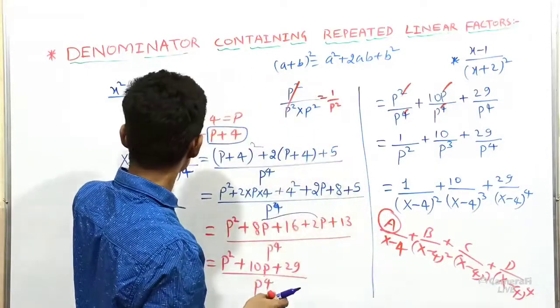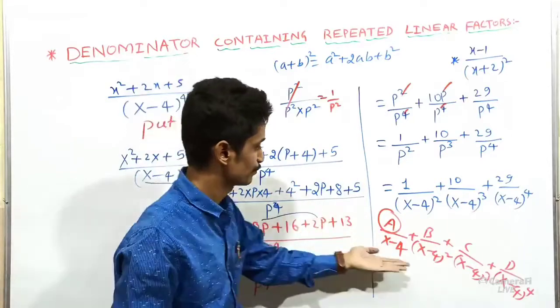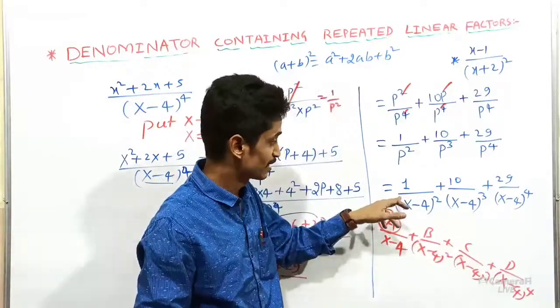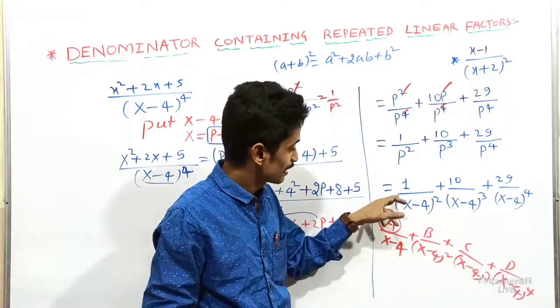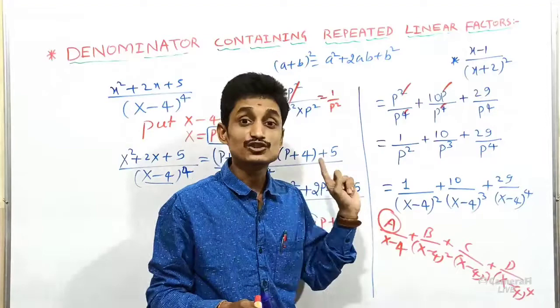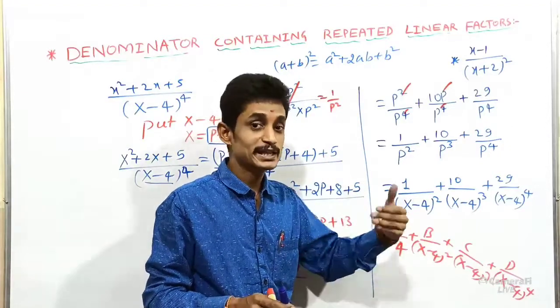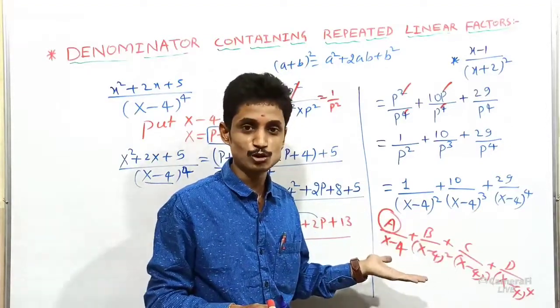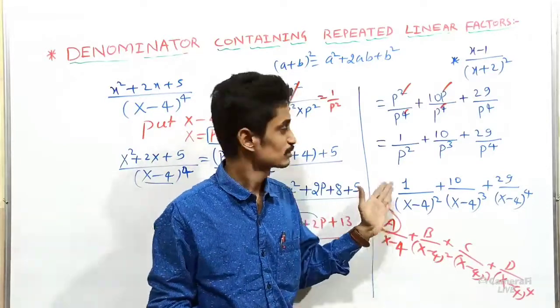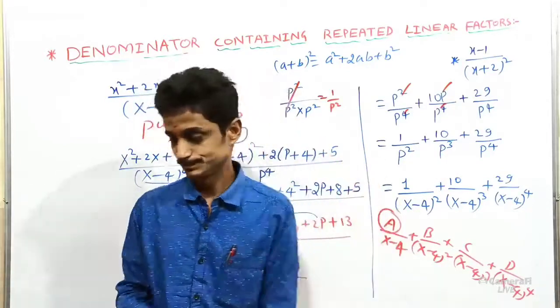Actually in the splitting of this term, power is 4 means 4 terms will come, like a by, b by, c by, d by. Here I don't get a divided by, it means the value of a will be 0. By the equating coefficients method, we get the a value as 0. Please note this type of problem.